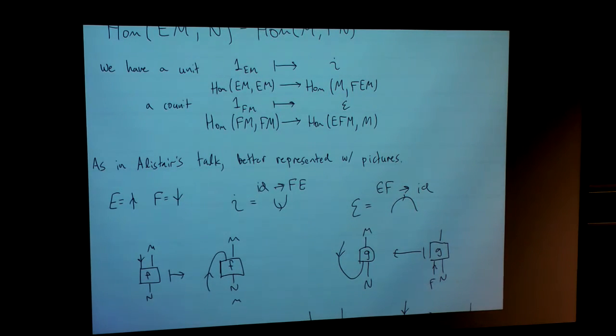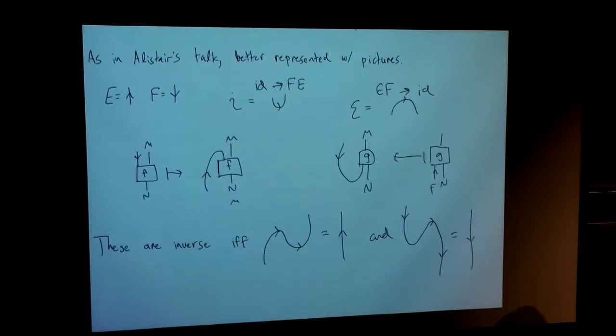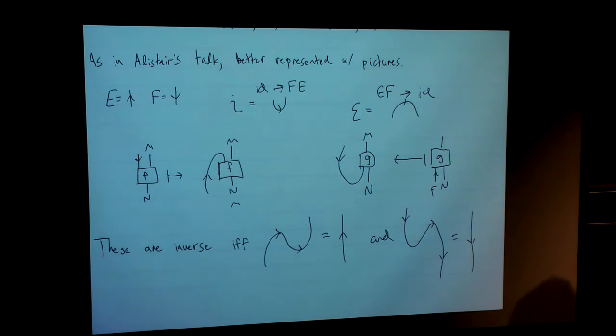I'll fix that. Anyways, here I have a map, and I attach the cup to it to switch from acting like F on the source to acting like E on M. And then you get this usual picture of I want these to be inverse isomorphisms. That means that when I make this kind of S shape in the two ways that are possible with the arrows, I can then pull it tight and cancel the cup and cap.